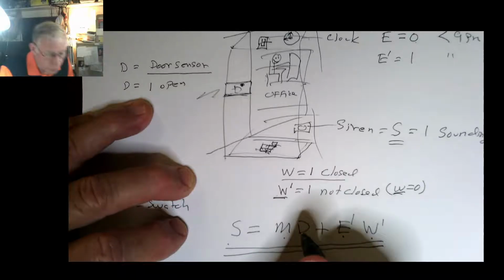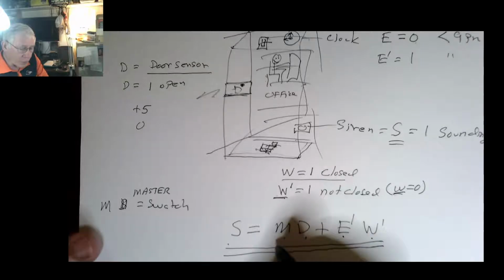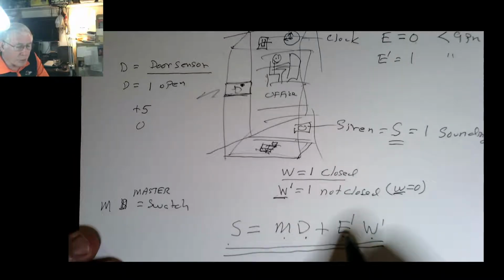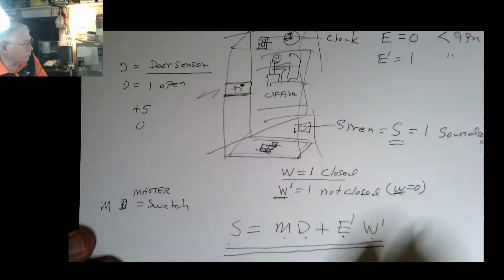So if the door is closed, regardless of the master switch, or if the master switch is off, if it's before 9 p.m. and if the window's closed, either way, then the siren won't sound. But if the master switch is on and the door is open, or if it's after 9 p.m. and the window's open, the siren will sound.